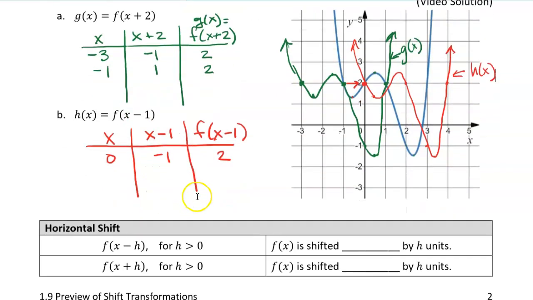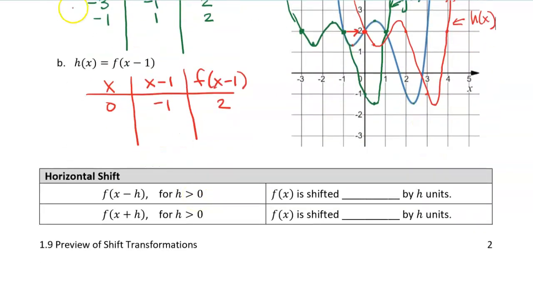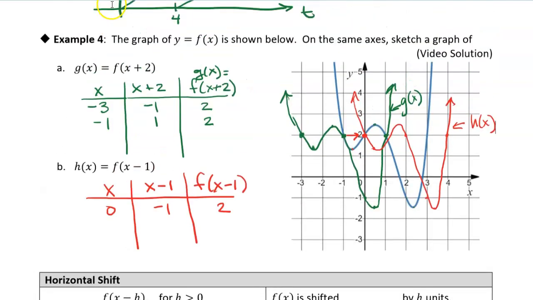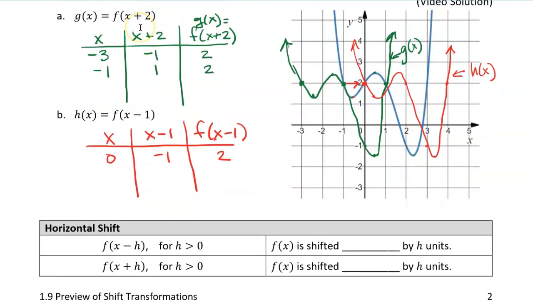Let's summarize what we just learned. We saw in these last 2 examples horizontal shifts. If we take a positive constant h and subtract it from x, it actually shifts the graph to the right by h units. And if we take a positive constant h and add it to x, it actually shifts it to the left.